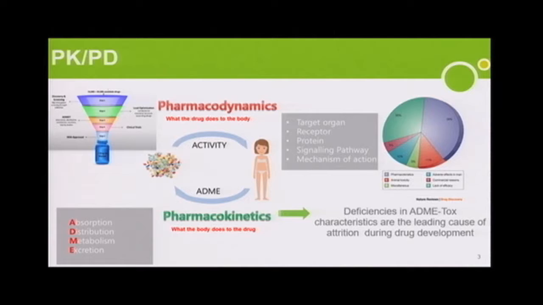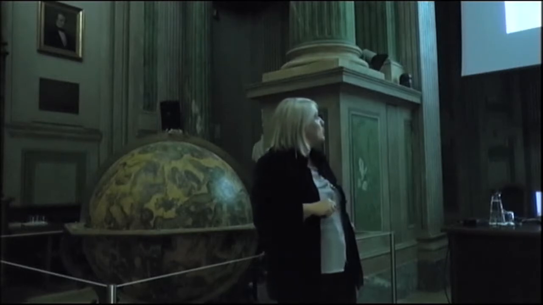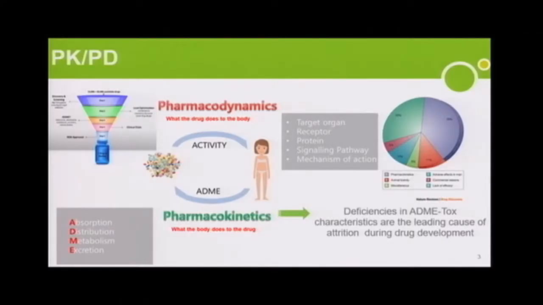But we are also interested in the second part that is called pharmacokinetics, and what the body does to the drug. This means that we have to study the absorption, the distribution, the metabolism, and the excretion of a new molecule that has to become a drug.